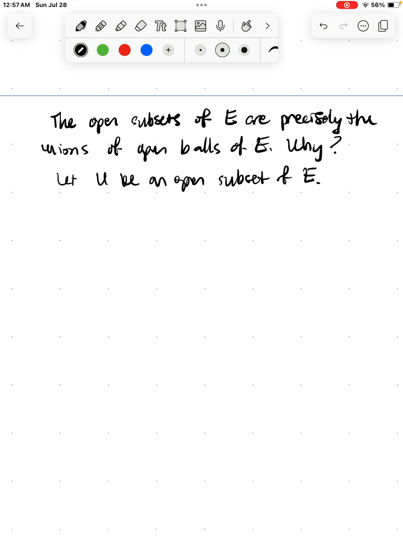Then at every point, if you have an open subset, so here's U, your open subset of E, then at every point P, there's some neighborhood around P that lies completely in U. So if you take every single point in U, there's going to be some neighborhood around it.